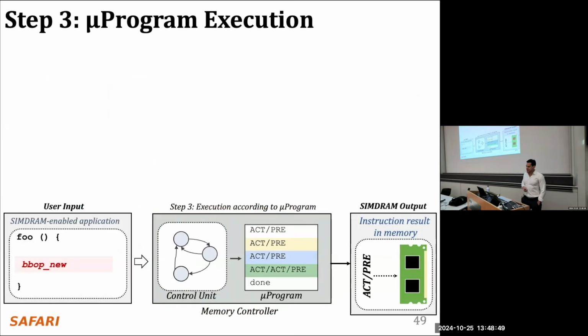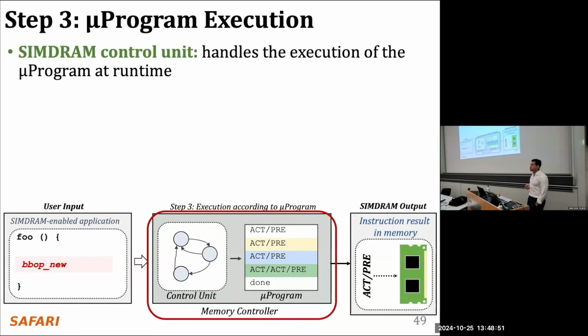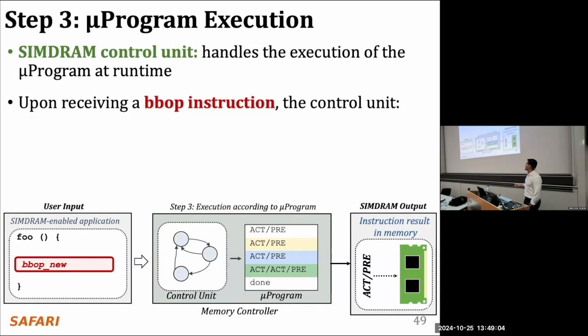So the final step then is to execute this microprogram, and we want to do it transparently from the user. We don't want the user to start issuing in-DRAM activations from the application, because the application does not have the ability to do that anyway.